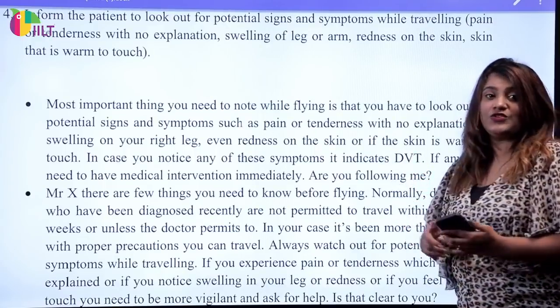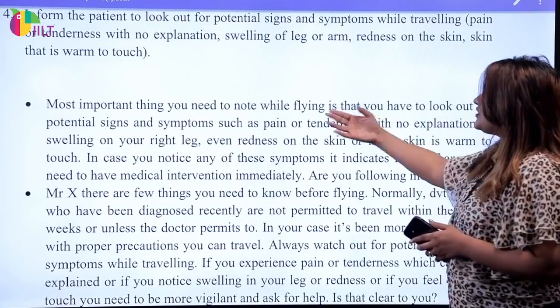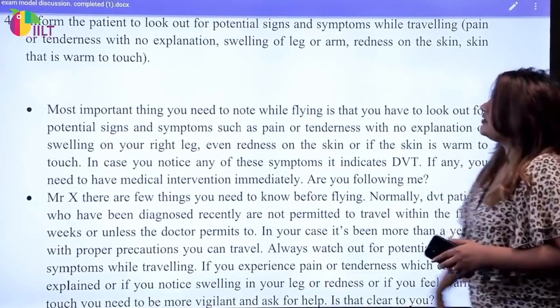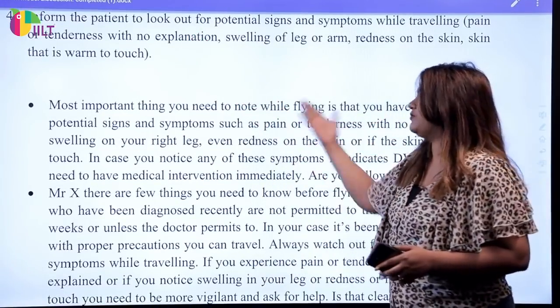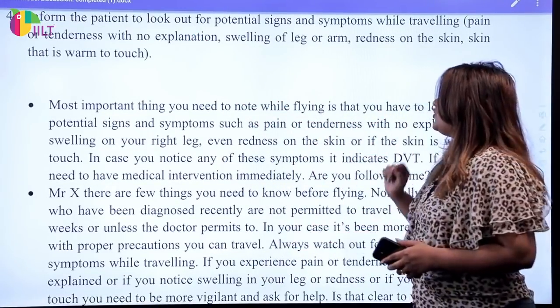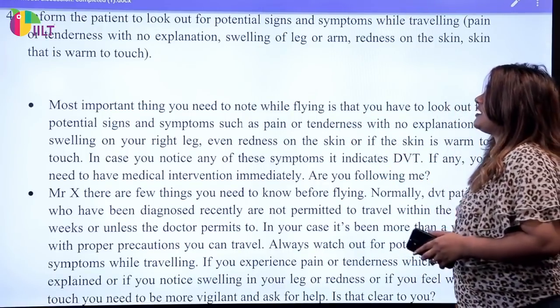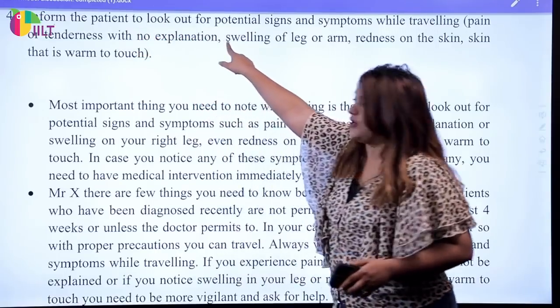Alright, so let's look into the easiest statement, the first statement here. Most important thing you need to note while flying is that inform the patient to look out, right? So I'm using a statement to explain. Most important thing you need to note while flying is that you have to look out for potential signs and symptoms. You have to look out, right?